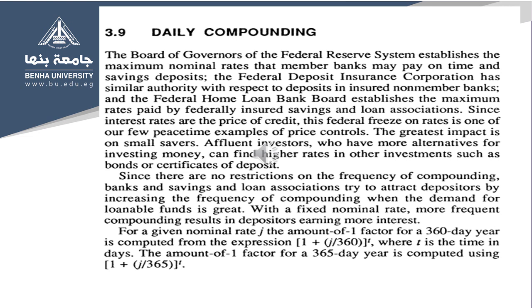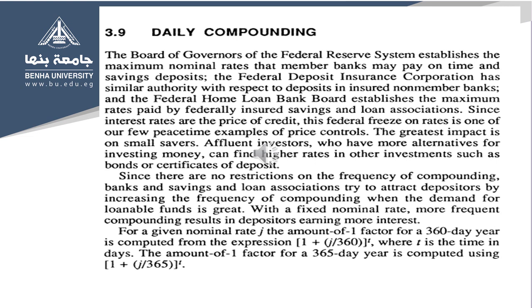For a given nominal rate J, as we explained in the previous lectures, the amount of one factor for a 360-day year is computed from the expression (1 + J/360)^T, where T is the time in days.